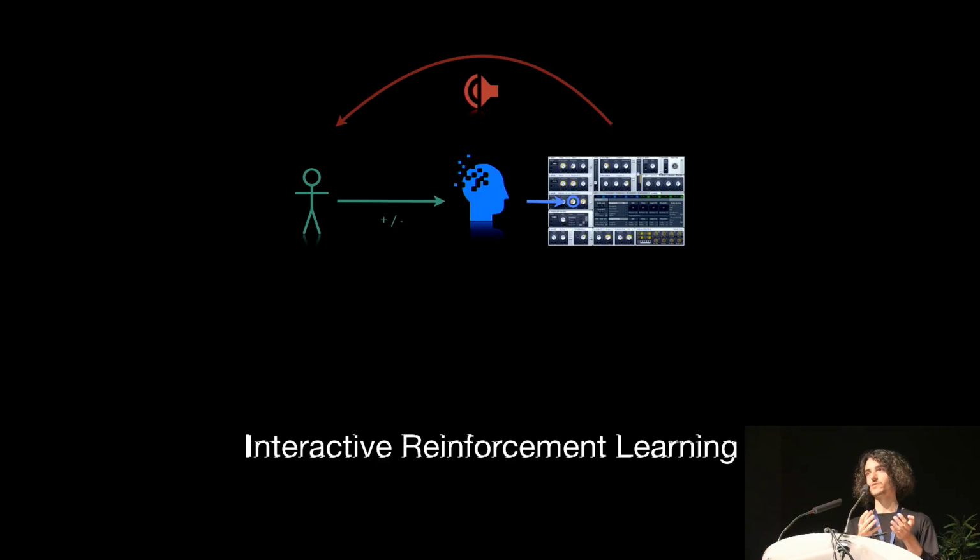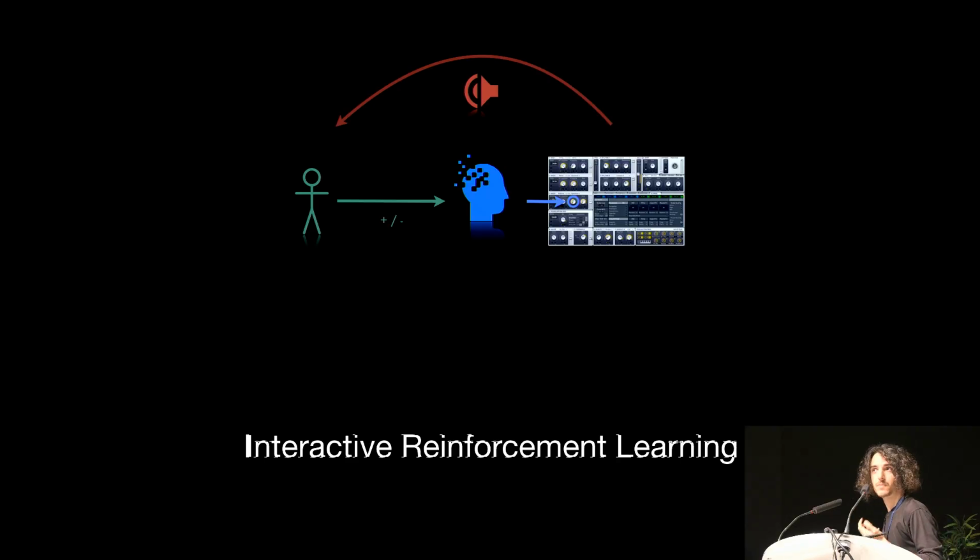It is a bit different from reinforcement learning. This time you have a user that gives feedback to the machine interactively. In blue you can see an artificial agent who would take actions on the parameters of the VST, which in turn will generate sound, and the user would tell the machine if it's good or bad.